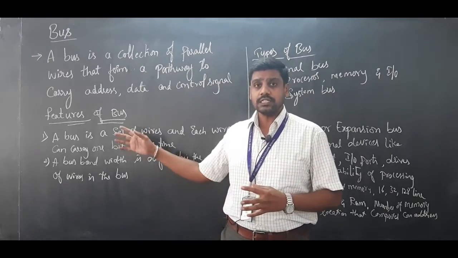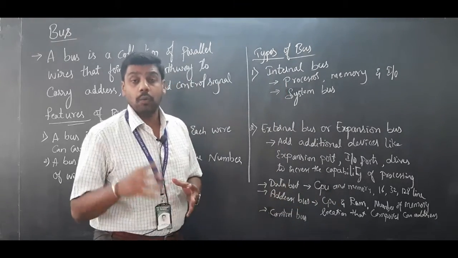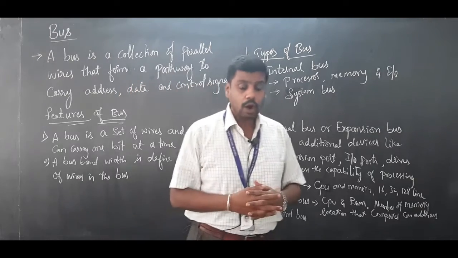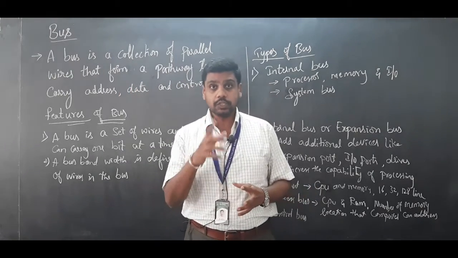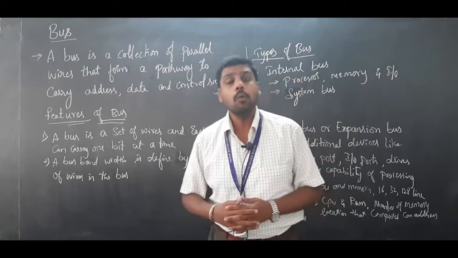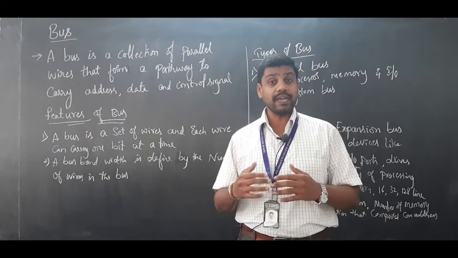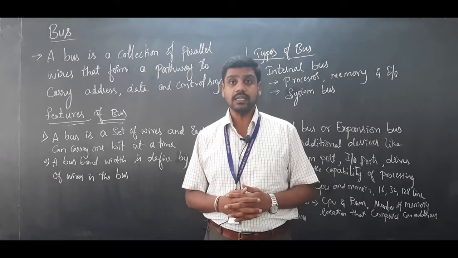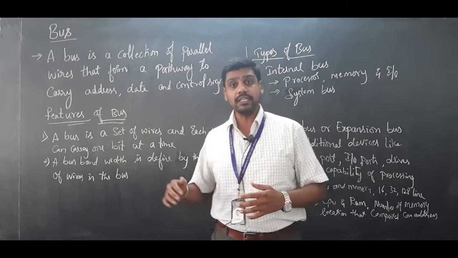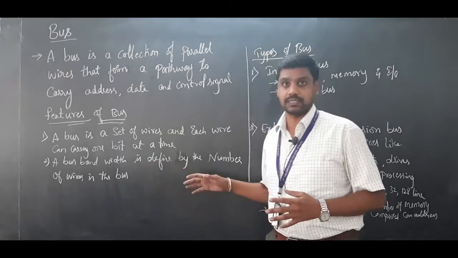The first feature is that a bus is a set of wires where each wire carries one bit, which transfers from one component to another. Second, the speed, that is the bandwidth of the bus, can be determined based on the number of wires present in that bus.